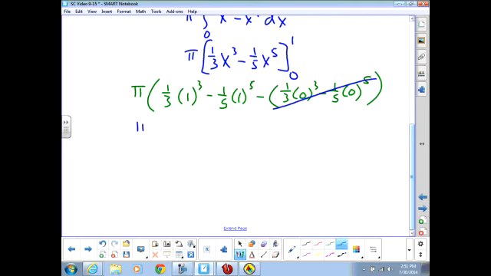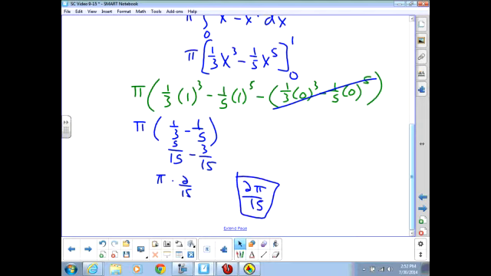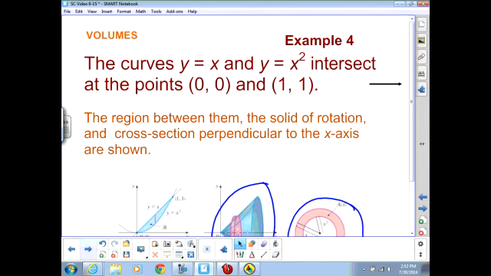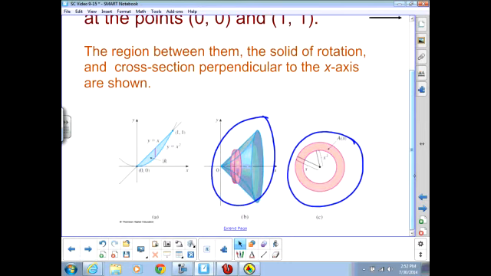We end up with pi times 1/3 minus 1/5. 1/3 can be rewritten as 5/15 and 1/5 as 3/15. So this is pi times 2/15, which gives 2 pi over 15. That is the volume of this region when it was rotated around the x-axis.